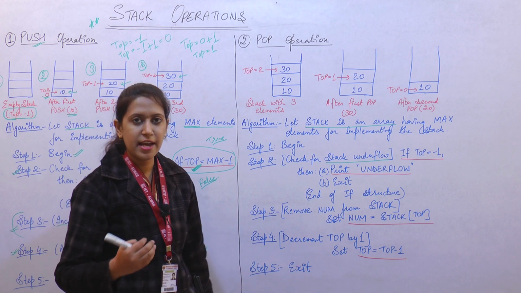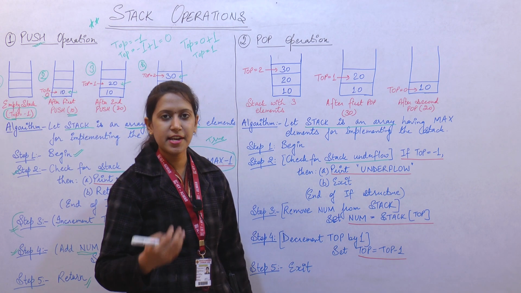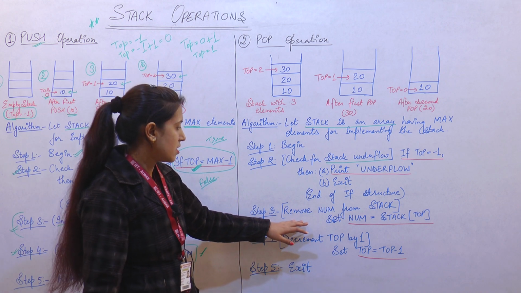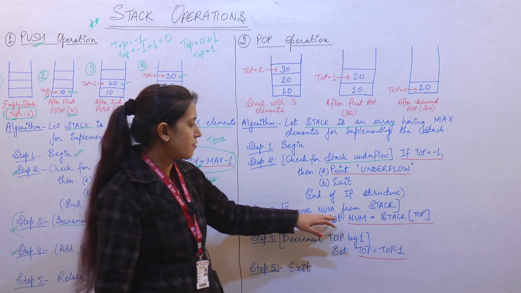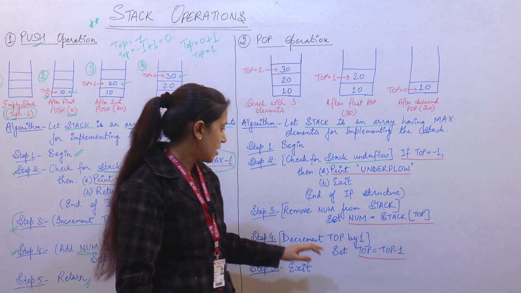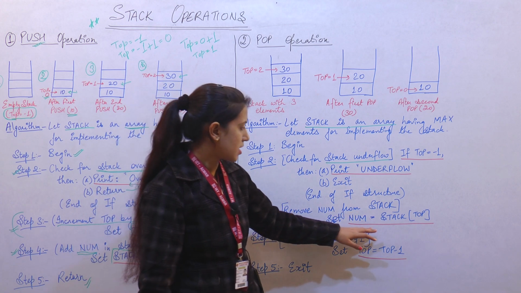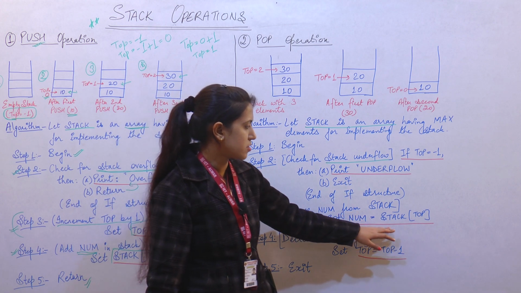That means we have a certain number of elements in our stack and we can delete them. So we will remove the desired element that is on the top of the stack, using the statement set num equals stack top.